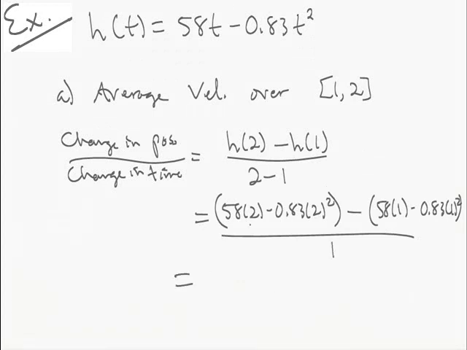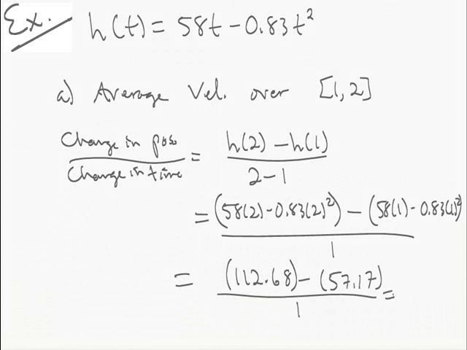When we take 58 times 2 and subtract 0.83 times 2 squared, or 4, that gives us 112.68, minus the quantity of 58 minus 0.83, which is equal to 57.17. Divided by our change in time, which, remember, we went from 1 second to 2 seconds, so that change in time is 1. And that gives us then a total of 55.51.